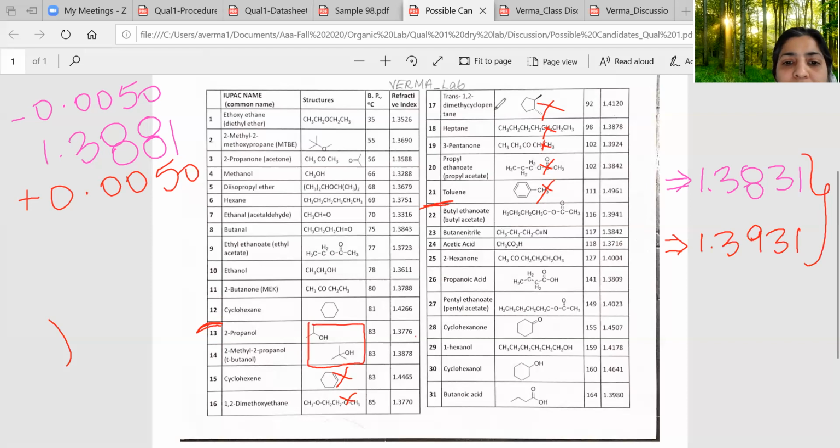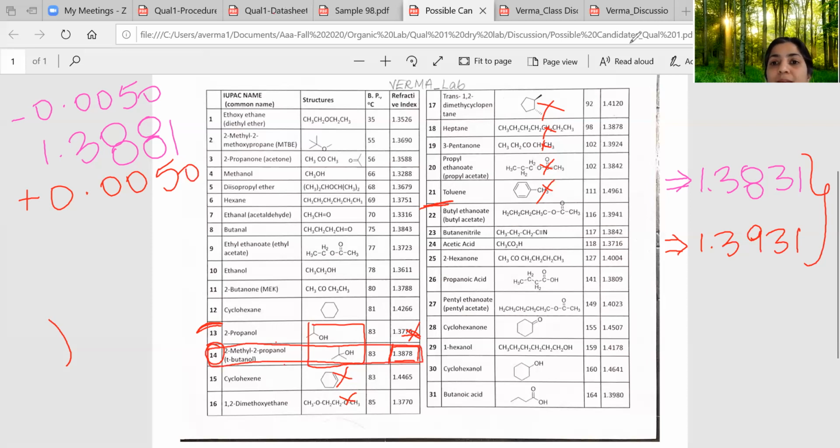But looking at these numbers of the RI, which one do you think will be my product or my sample? Clearly, 2-methyl-2-propanol has a closer RI value than the 2-propanol. And based on this, I will eliminate all my other samples and I will say my unknown is this particular compound.